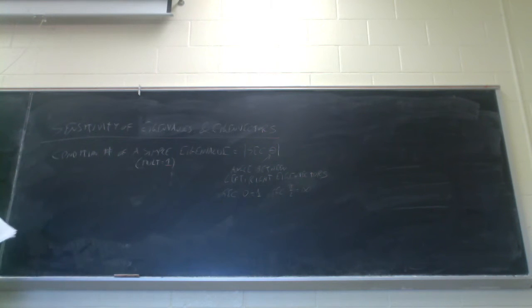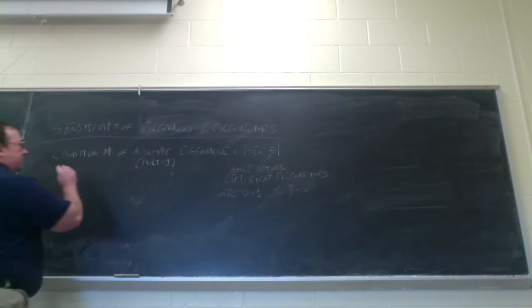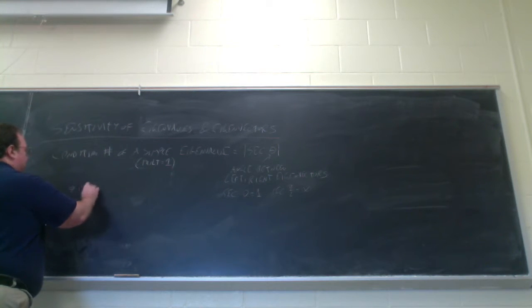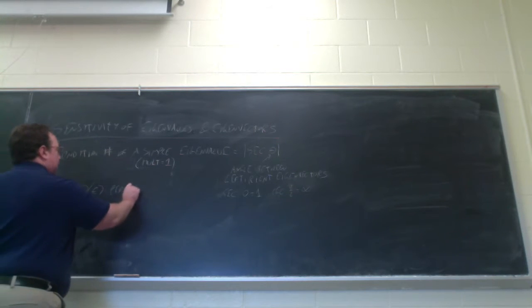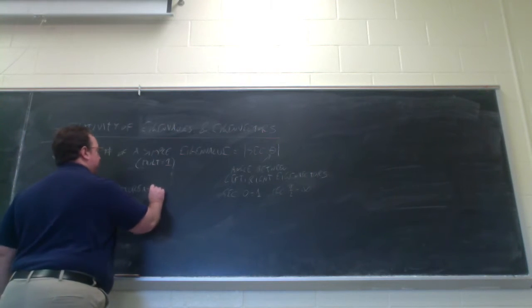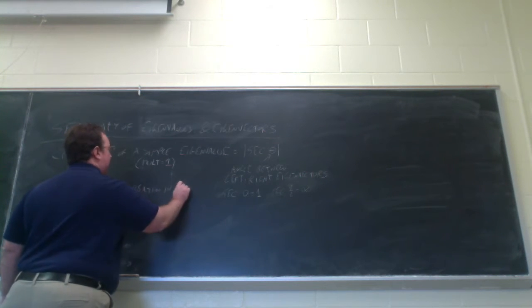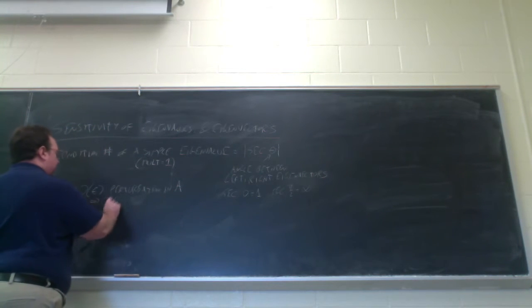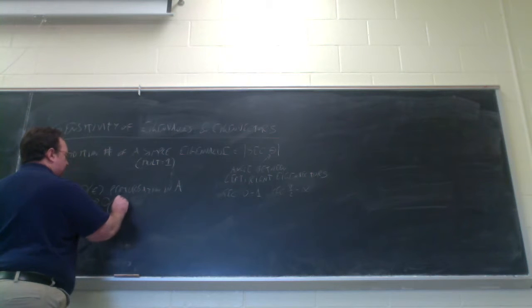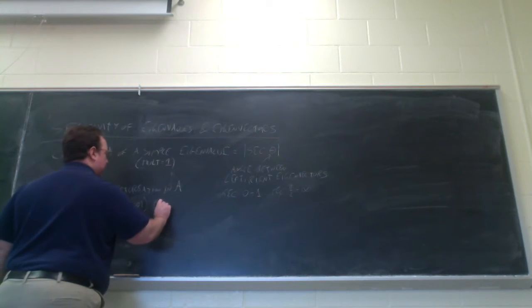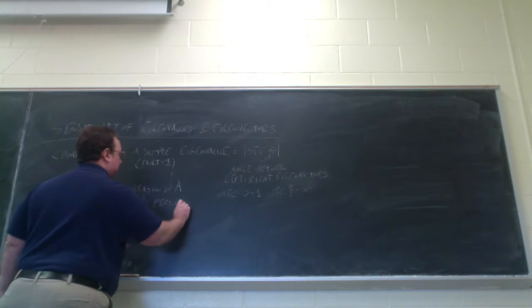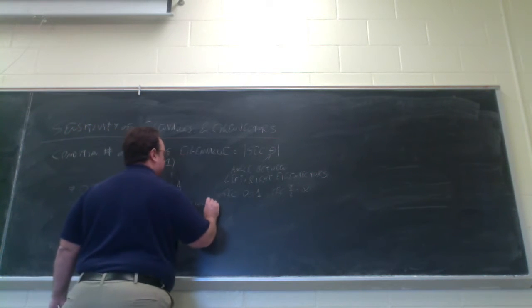Now, in more practical terms, what this condition number means is that an order epsilon perturbation in A leads to an order epsilon times the condition number perturbation in the simple eigenvalue lambda.